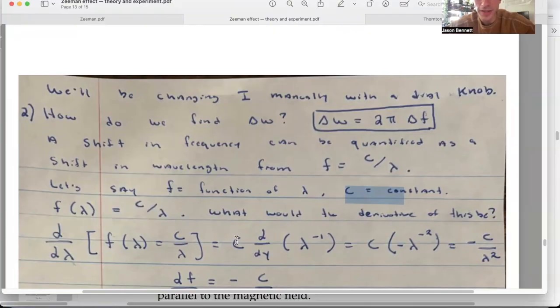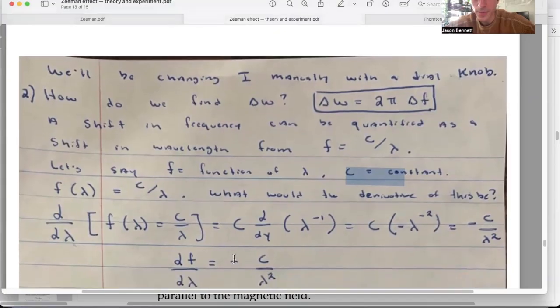I'm just going to pull the constant out and take the derivative of lambda to the -1, right? That's what something in the denominator is. And that just makes it easier for me to rationalize what the derivative is. You decrease the exponent, bring down the sign that you changed it from. So the derivative of frequency with respect to wavelength is c over lambda squared with a little negative sign.